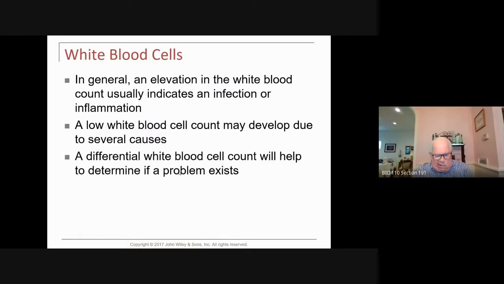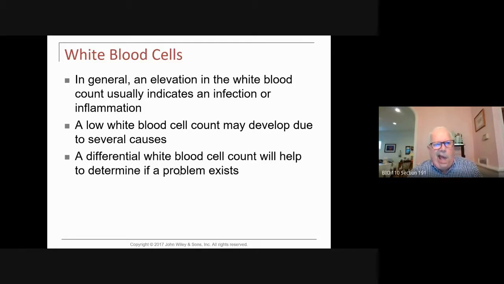In general, an elevation in the white cell count indicates infection or inflammation. Now, you don't have to know normal white counts, but the normal white count is between 5 and 10,000. Okay? So if you draw someone's blood who has a fever and their white count is 21,000, you know they have an infection.